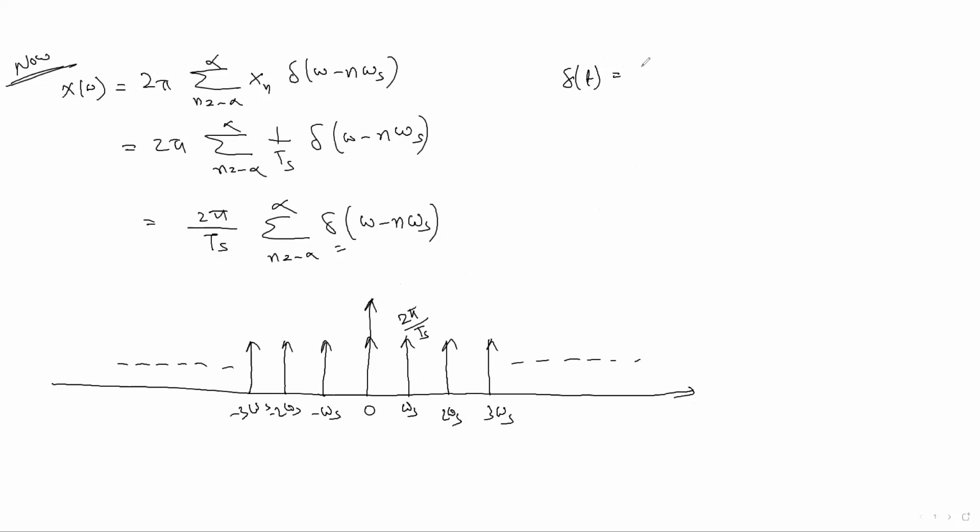We write delta of t equal to infinity when t equal to 0, and 0 for t not equal to 0. Okay. But when we plot the graph, when we represent the signal delta t, how can we write?